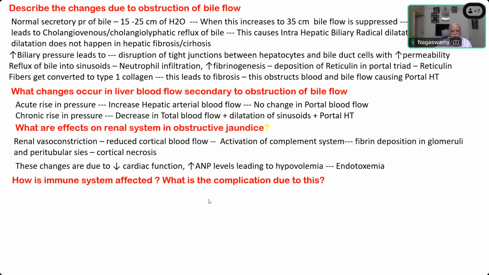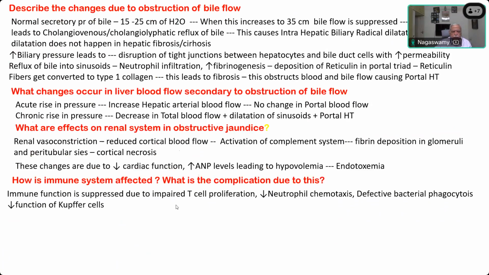How is the immune system affected and what is the complication due to this? Can patients with jaundice become immune compromised? Yes, immune function is suppressed due to impaired T cell proliferation, decrease in neutrophil chemotaxis, defective bacterial phagocytosis, and decreased function of the Kupffer cells within the sinusoids.